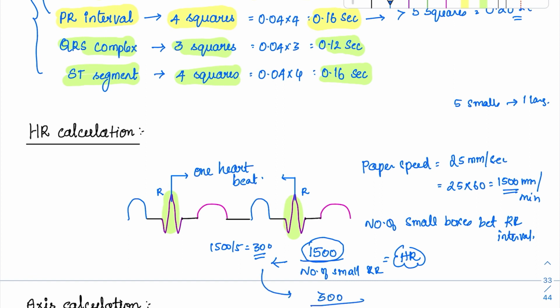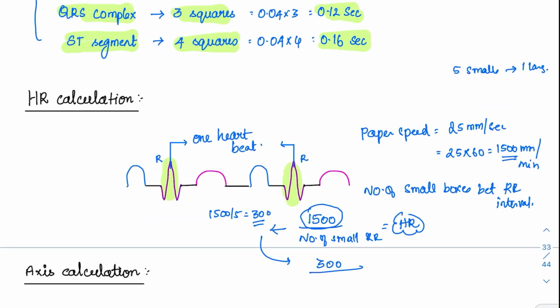But now we have to take the number of large boxes between the RR interval. That is going to give me the heart rate calculation. Either you can do it with this or this. Preferably, if the options given are very specific, like 72 beats, 78 beats, go for the smaller boxes. Clinically, the larger boxes is a better version.